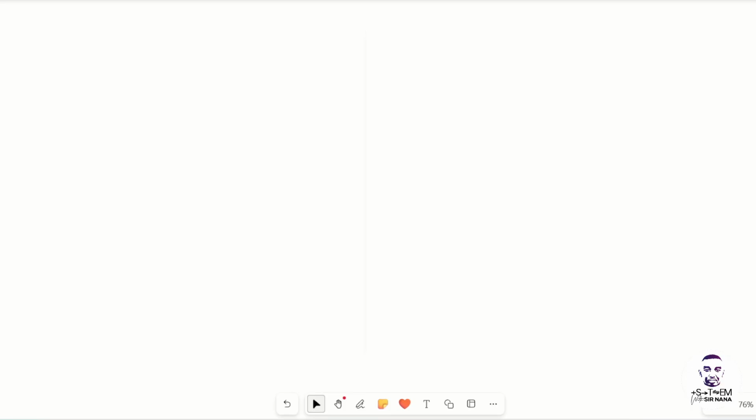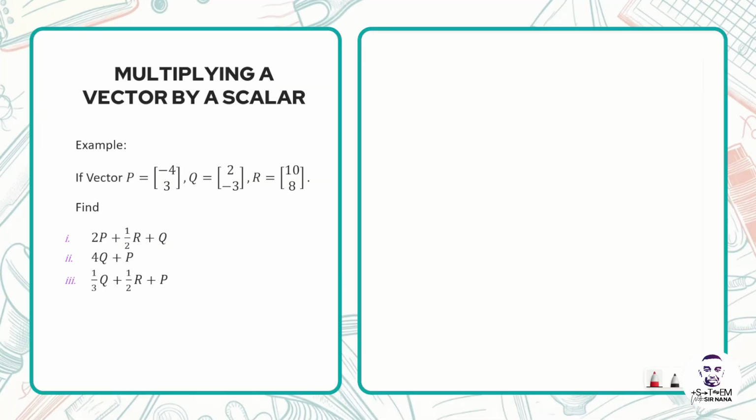The vectors given to us include vector p equal to (-4, 3), and then vector q equal to (2, -3), and then r equal to (10, 8).